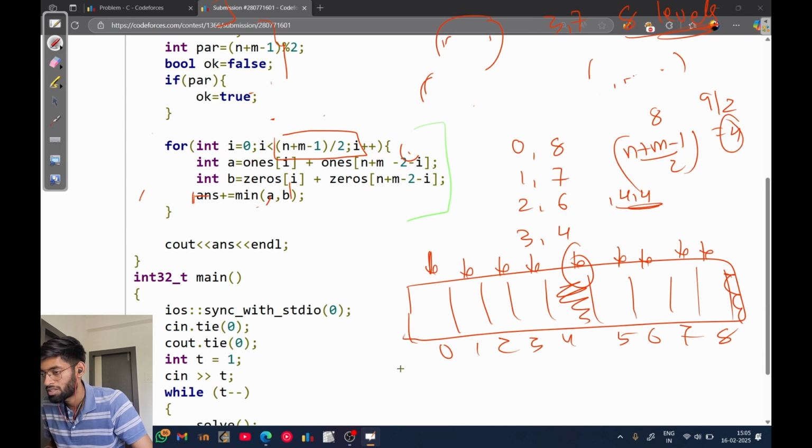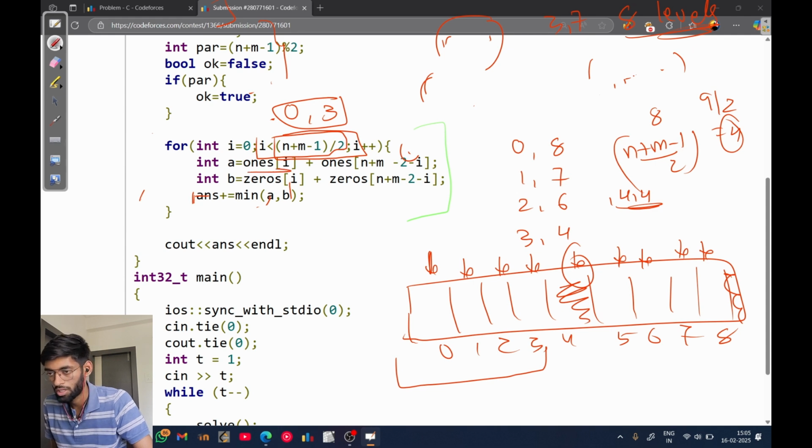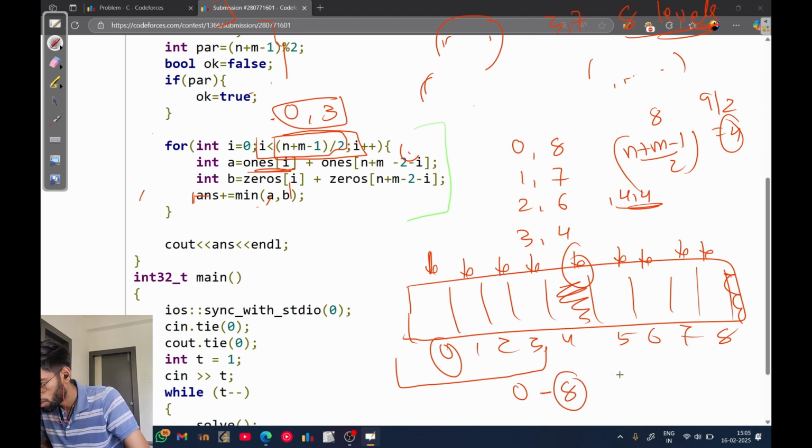So we will be just considering levels 0 to 3 because here, as you can see, we are keeping less than. So it will be just 0 to 3 levels only. Okay. So if I am standing on level 0, then what will be the corresponding level that I will be checking on the opposite side? It will be 8. How can we get this 8? It is n plus m minus 2 minus i.